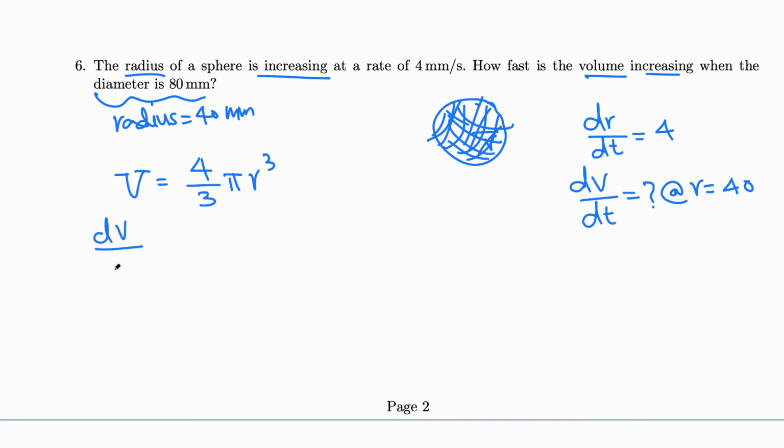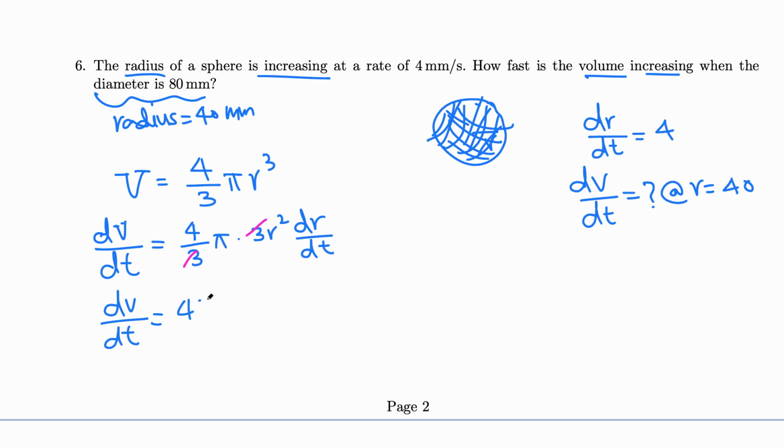That gives us dV over dt equals 4/3 pi, which is just constant, times the derivative of r cube, which is 3r squared r prime, which is dr over dt. Now we can simplify. 3 on the top and bottom can be cancelled, so that gives us dV over dt equals 4 pi r squared dr over dt.